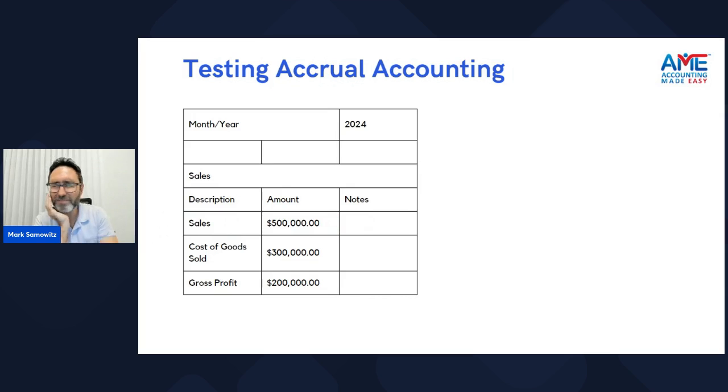And so many non-finance staff don't realize that when they're looking at an income statement and they're looking at a P&L, because of the principles of accrual accounting, this is not money. In fact, maybe zero of this even came into the bank account. What do I mean? Maybe you made a sale for $500,000 and all of that is yet to be collected.